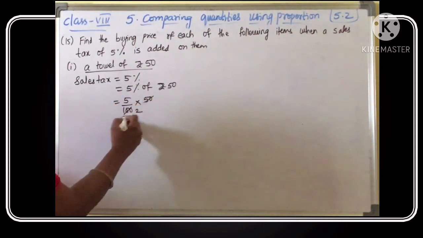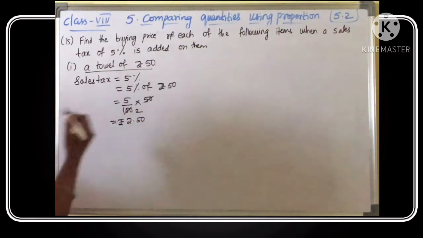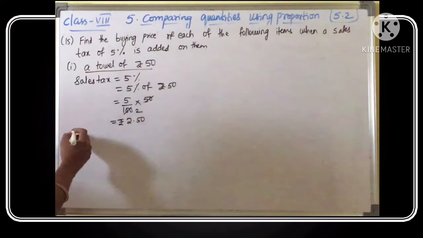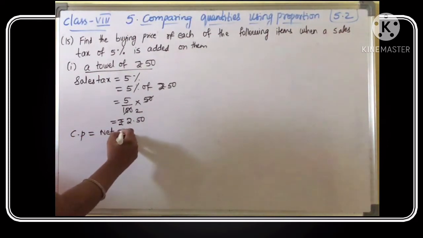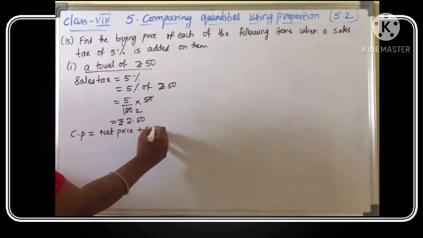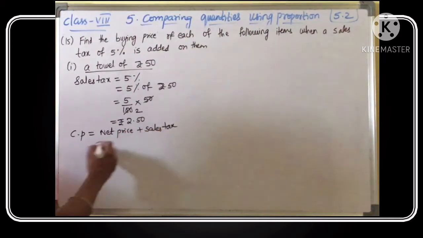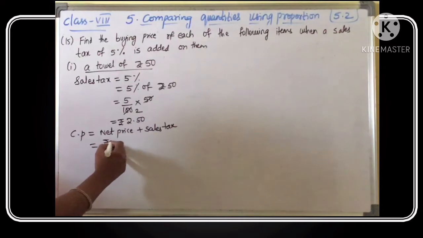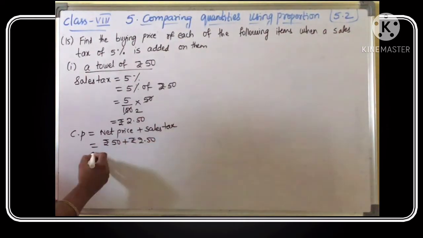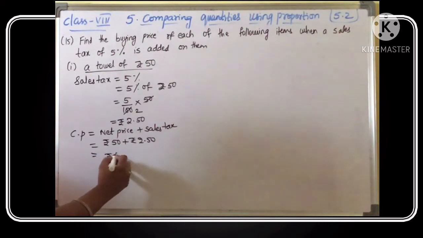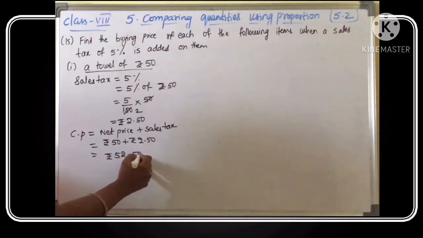So here you will get 5 by 2, that is 2 rupees 50 paise. Now, what is the cost price of this towel, children? Net price plus sales tax. The net price is rupees 50, and the sales tax you got is 2 rupees 50 paise. When you add it, you will get 52 rupees 50 paise.